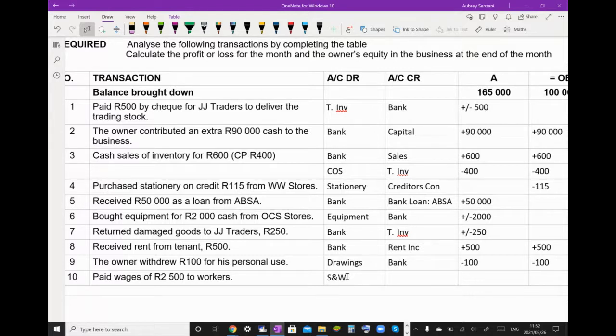Salaries and wages, we're debiting, and then we are crediting bank. So under assets, we have a negative 2,500. Then under owner's equity, we have a negative 2,500. So that is an expense. Okay, and then we are done.